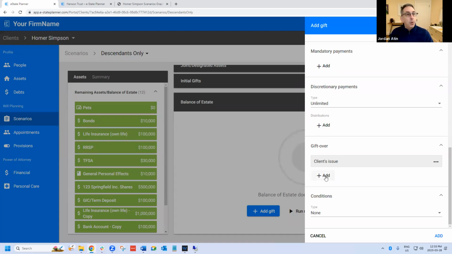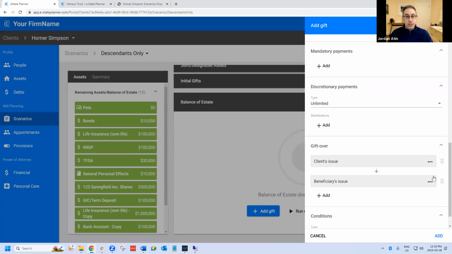We could add more than one gift over. So for example, we might want to do something where we say, okay, the first gift over, if Bart dies, is to Bart's kids. Well, Bart's the beneficiary, so we're going to pick beneficiary's issue. If you put in gift overs one after another, you'll see that they list them in order.